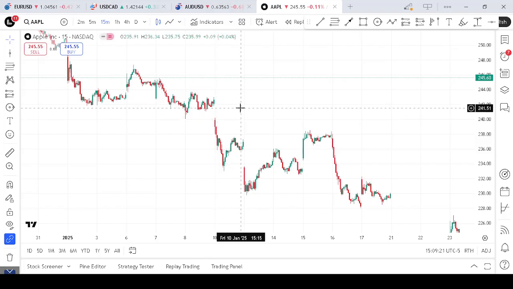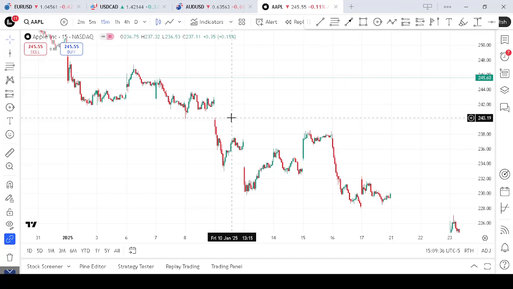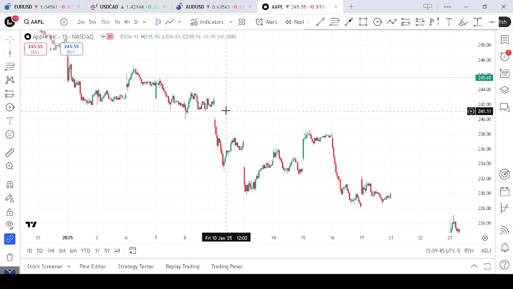This pattern reflects strong selling pressure and often indicates the beginning of a downward trend. Bearish gaps typically occur during negative news events or when traders are exiting positions due to fear or uncertainty, as seen in this example. This is an example of a bearish gap.